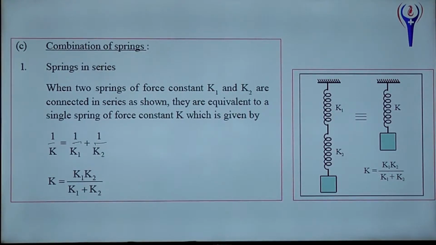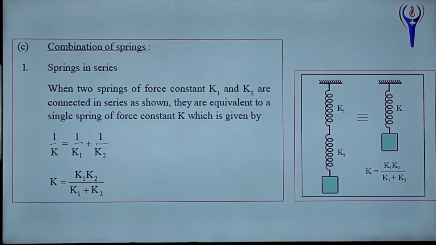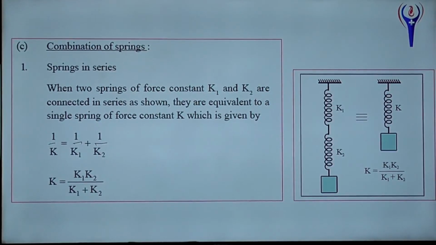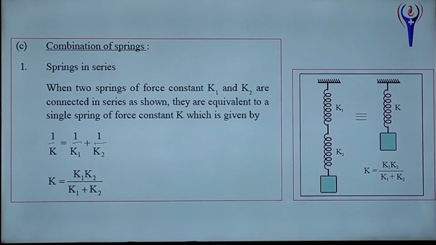Just like two resistors connected in series, two capacitors in series, two inductors in series, where we studied the effective resistance, effective capacitance, effective inductance, same like that, here is the effective force constant. 1 by K equal to 1 by K1 plus 1 by K2, or K equal to K1 into K2 by K1 plus K2. Here K1, K2 are the spring constants of each spring.